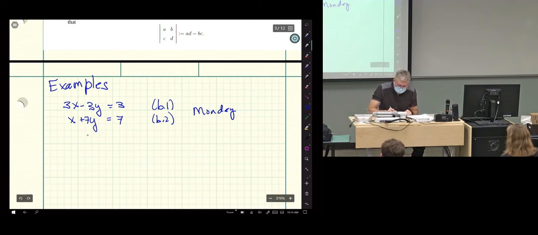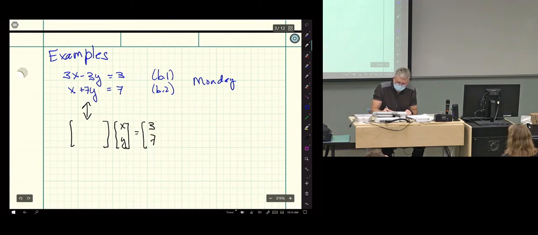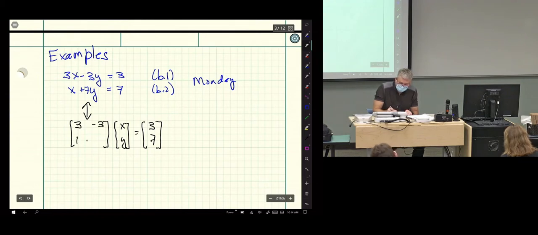Okay, if we write this out in matrix form, we'll order our unknowns as x and y. That seems pretty much the way to go, though you could put y first. And then our matrix will have 3, minus 3, 1, and 7.